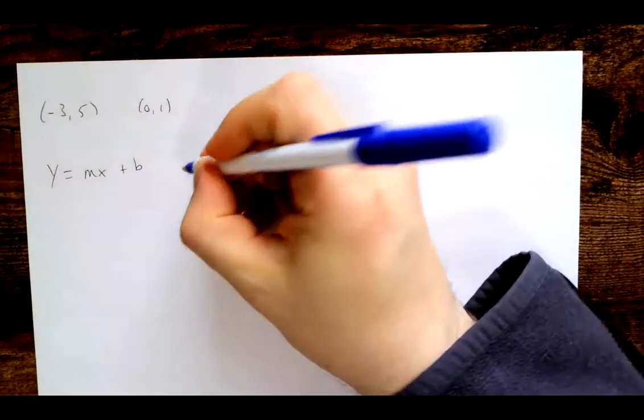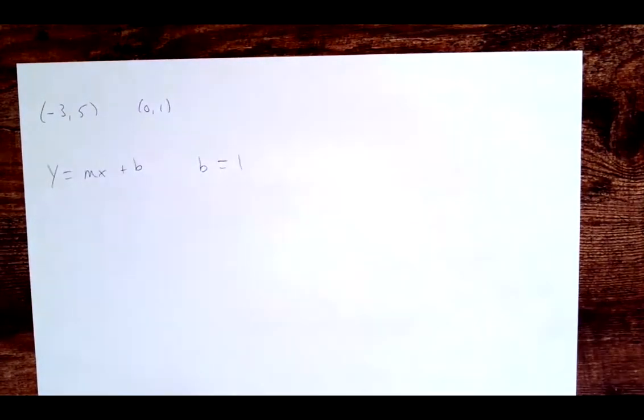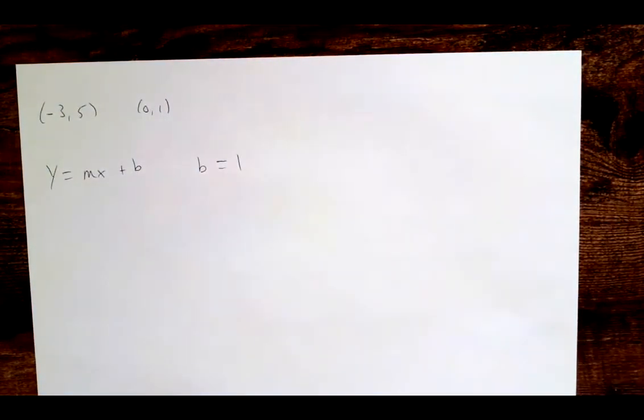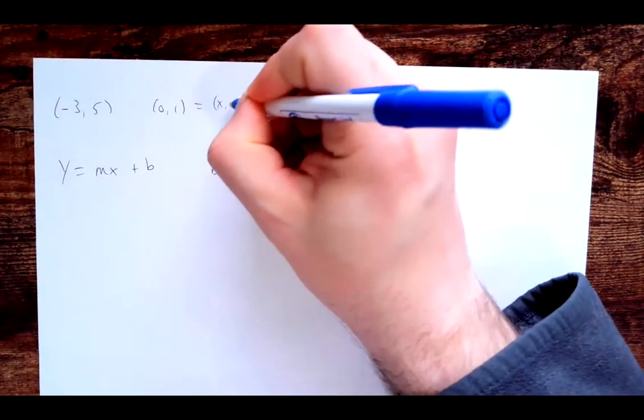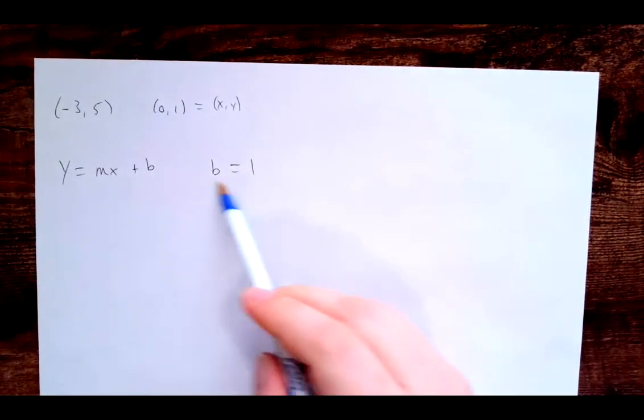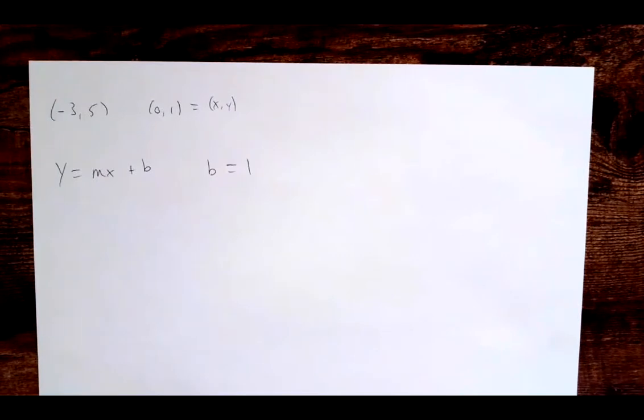The reason I want to do that is because I already know that b is equal to 1. b is the y-intercept. It's what you get when you plug in x equals 0. And here I've got x equals 0, y equals 1. So I know that the y-intercept has to be equal to 1.